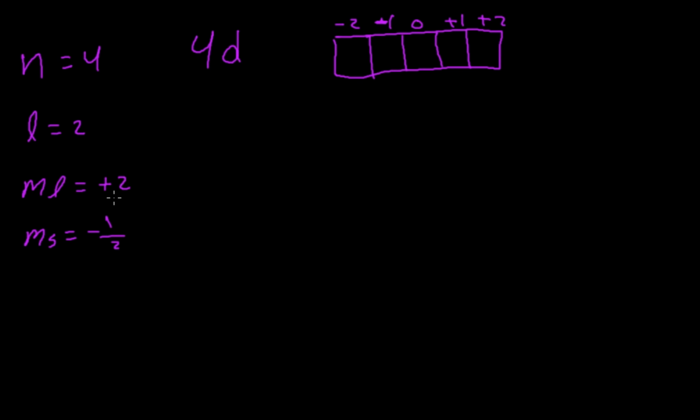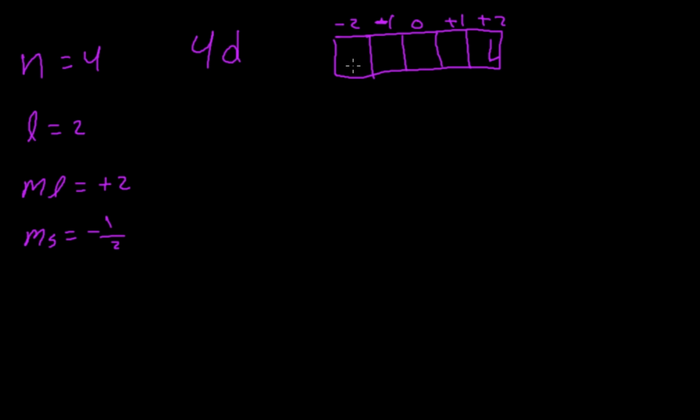The electron should be in the positive 2 orbital. So it should be here. And the MS here is negative 1/2. So the last electron should have this orientation downwards. So what will you do then?